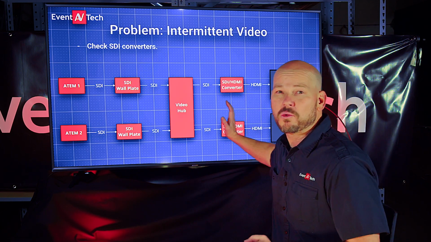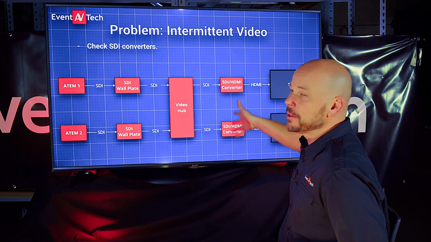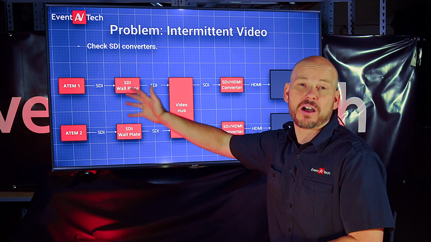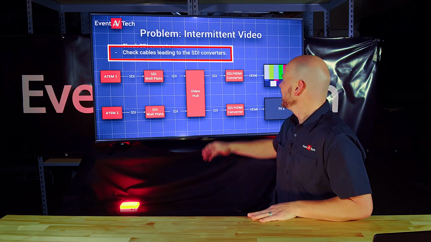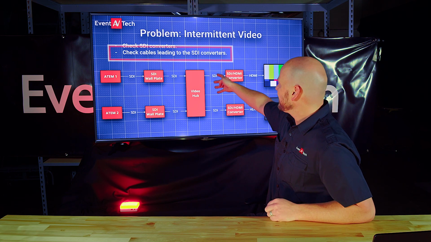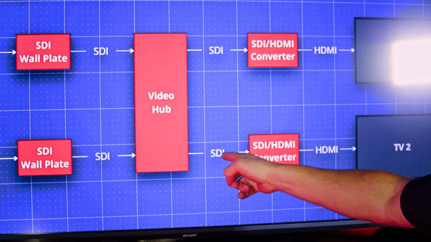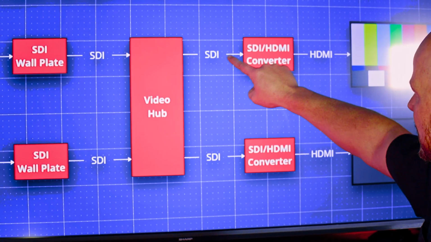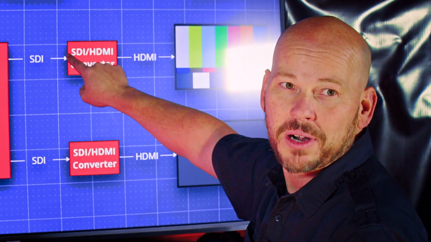And now I'm starting to work in a systematic fashion and I'm ruling out problems as I'm moving down the video system. The next thing, I can check these SDI cables that are coming into the system. So I could take this SDI cable and put it into this converter and see if that solves the problem.